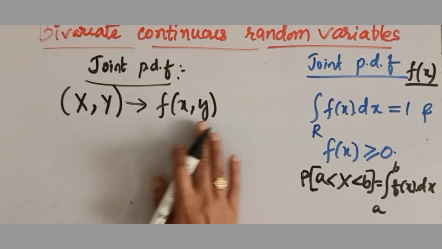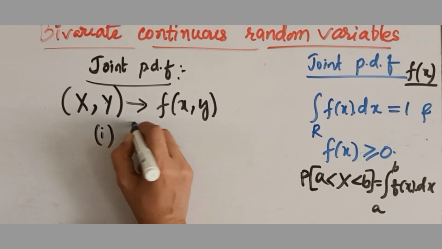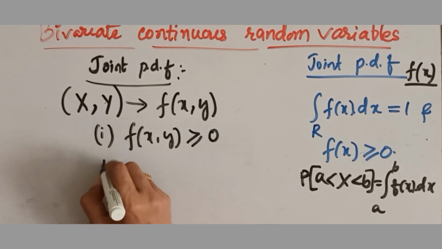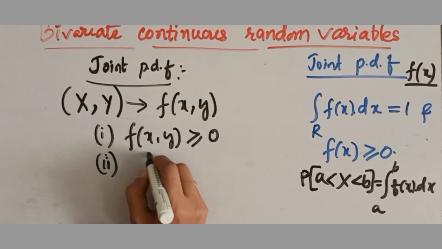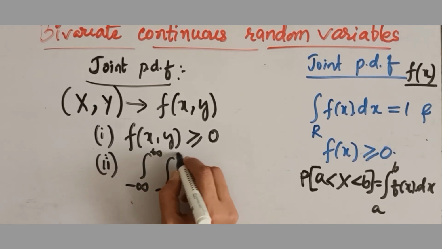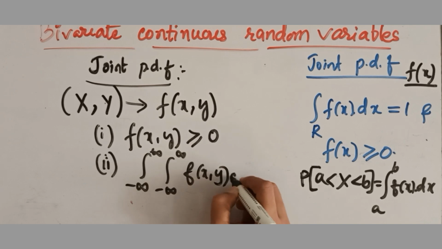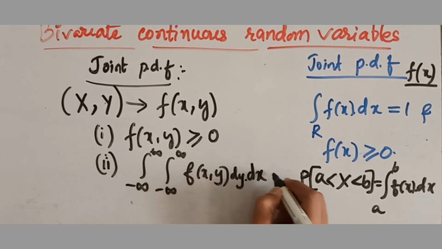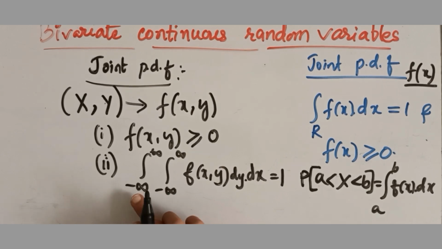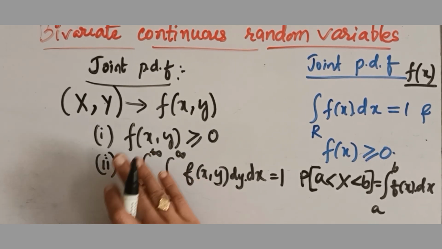Any function satisfying two conditions qualifies. The first is f(x, y) greater than or equal to 0, and the second is the integral from minus infinity to infinity, and another integral from minus infinity to infinity, of f(x, y) dy dx must be equal to 1. This is called a double integral. The integral is from minus infinity to infinity because it is over the entire real line.